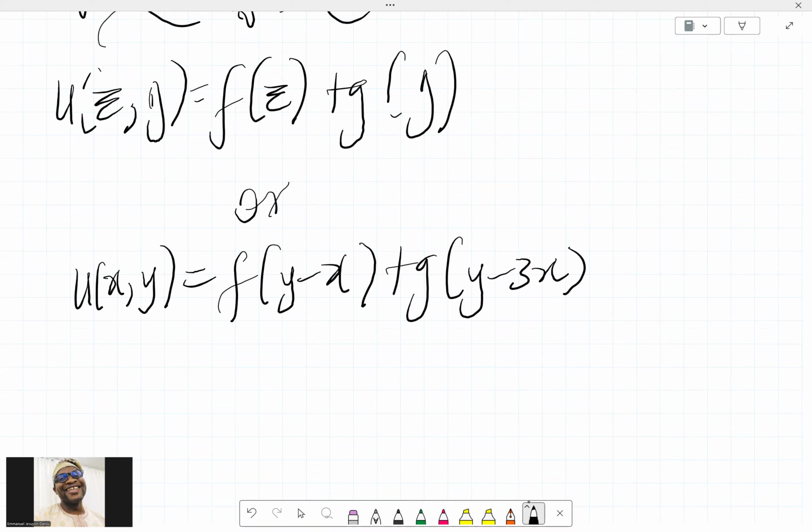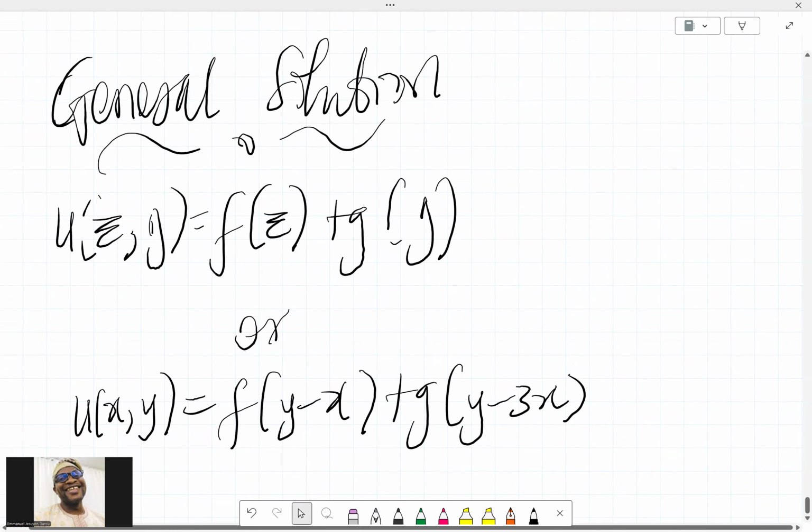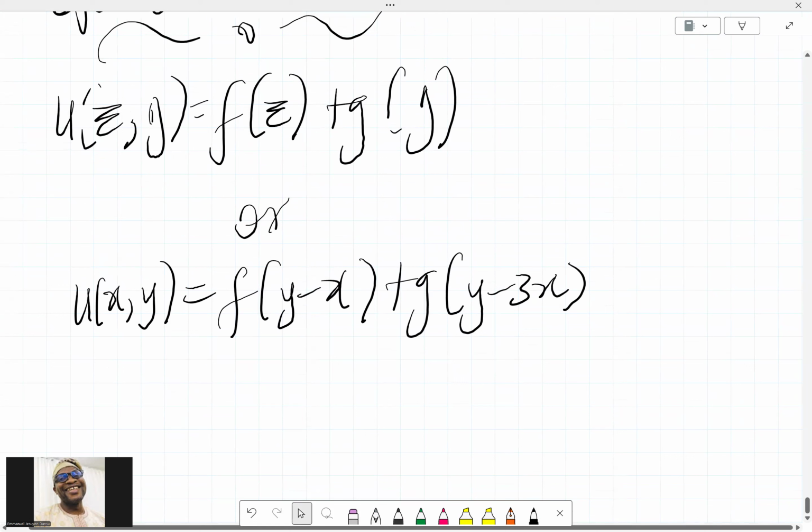So for that particular problem, you can have it in terms of psi and eta, or in terms of y and x, based on the things we got. So remember that constant thing, we have y minus x, and this is y minus 3x.